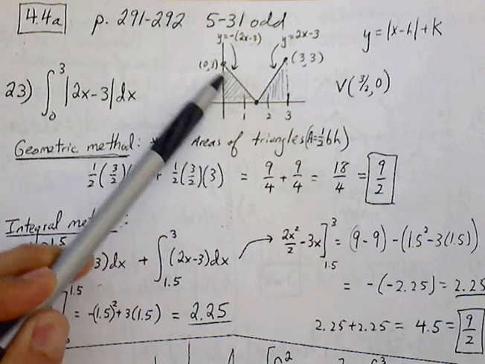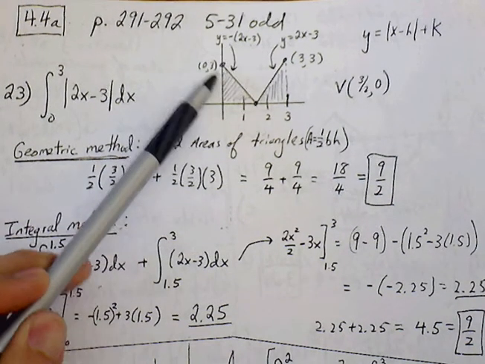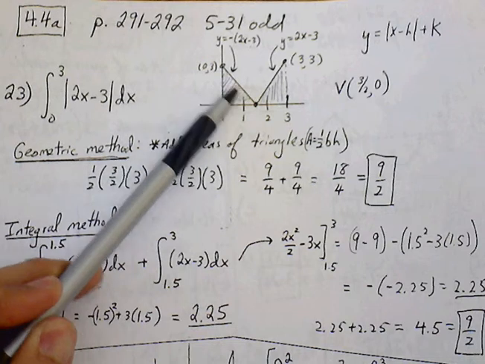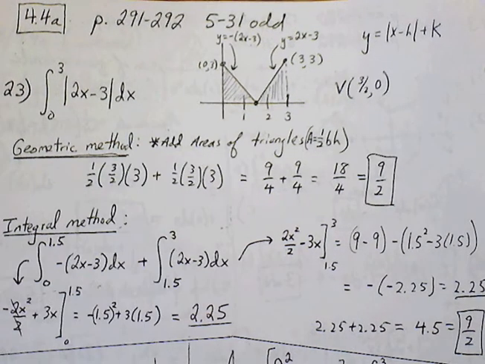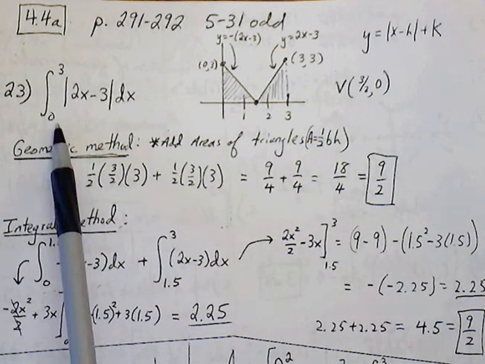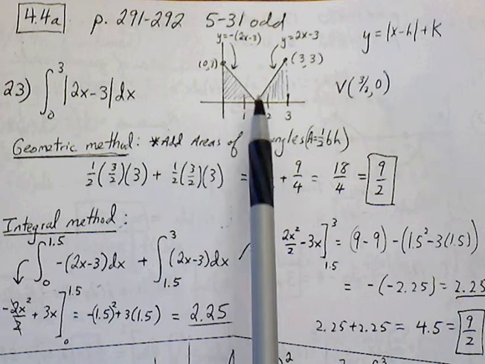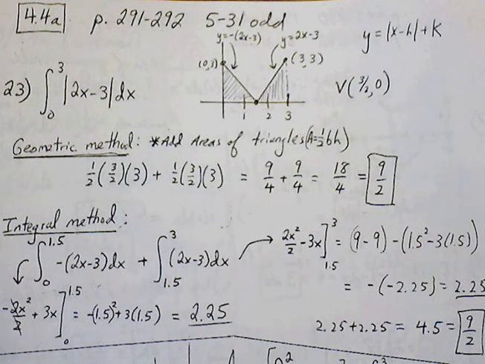So in this case, negative parentheses 2x minus 3, so negative 2x plus 3. If we can find the ordered pairs at the left and the right endpoint, then we can find the height of each of these triangles, and from there we can find the area of the two triangles and add them together.